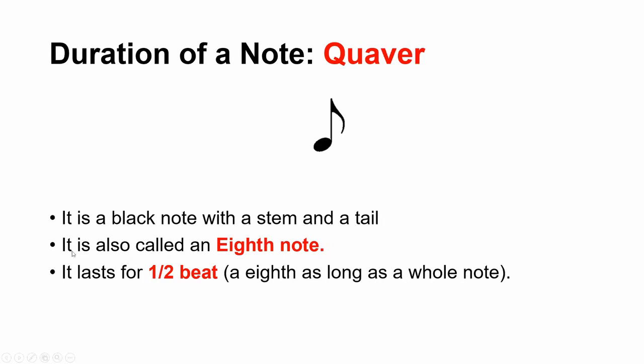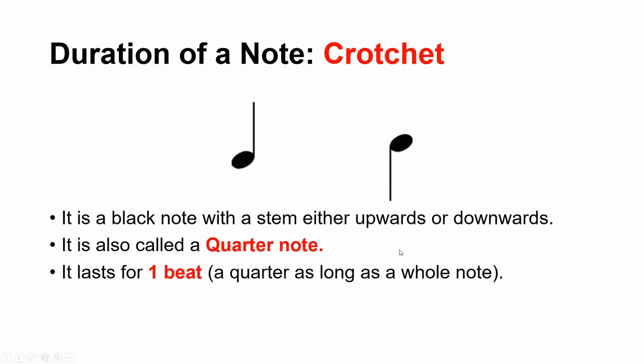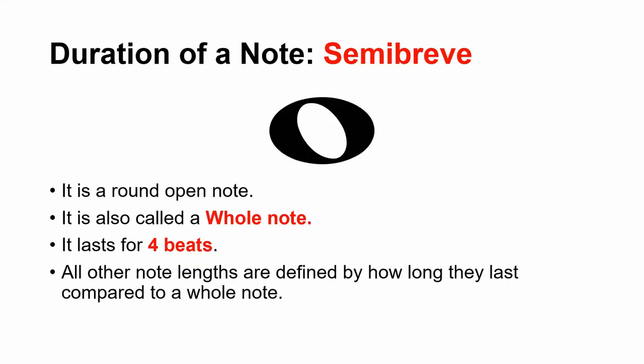Okay, it is also called an eighth note. So 1/8. It's an eighth note because it lasts for an eighth as long as a whole note. Remember, everything is with respect to the whole note, which is this one.